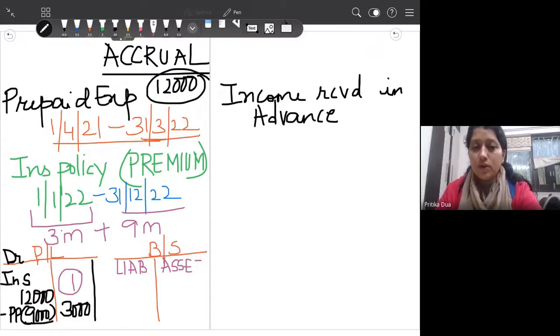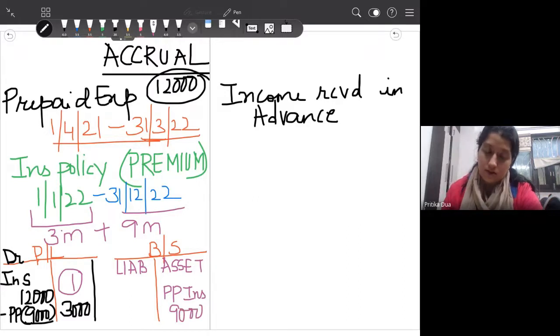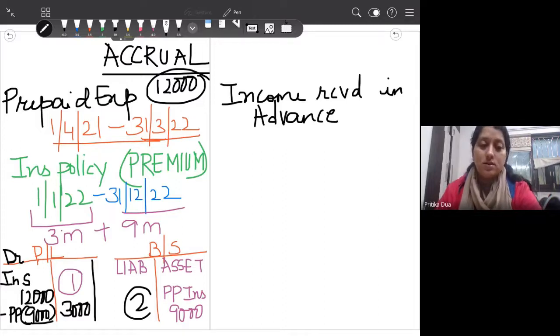It is an asset for the business because the benefit of this 9,000 will come to you in the coming financial year. You have already made this payment, now you do not owe anything. The economic benefit of this you will find in the next financial year. So now in the balance sheet, the asset will be prepaid insurance and the amount will be 9,000. This is the second impact of this adjustment.